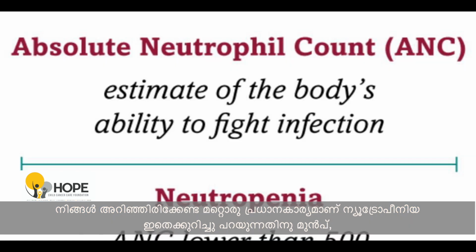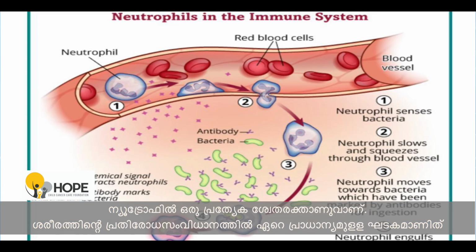Another thing you need to know in this context is neutropenia. Before I tell you about neutropenia, you need to know what is neutrophil and its role. Neutrophil is a type of white blood cell, which is a very important part of the body's defense mechanism.